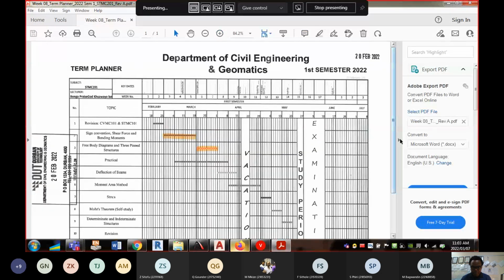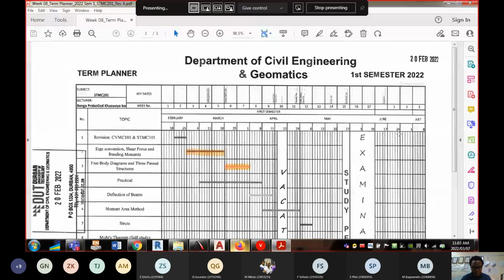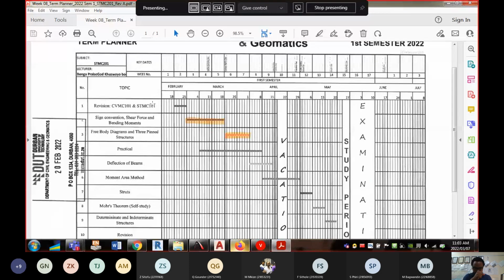According to the term planner, we have covered the revision, which consisted of calculating the support reactions. We've completed shear force diagrams. Today we're going to be talking about bending moment diagrams. So it's very important that you keep up to date with the work we've covered so far.